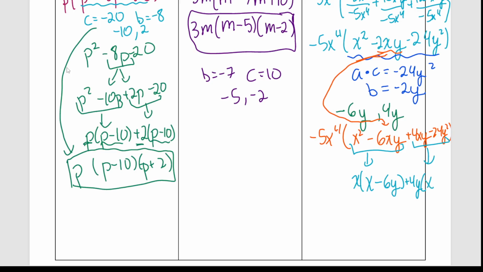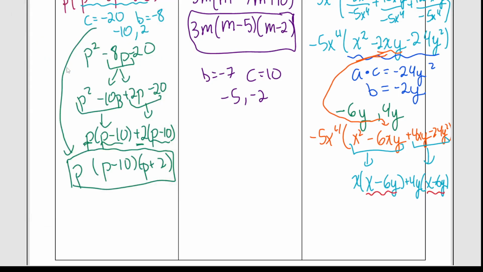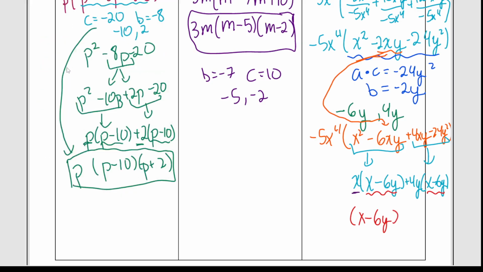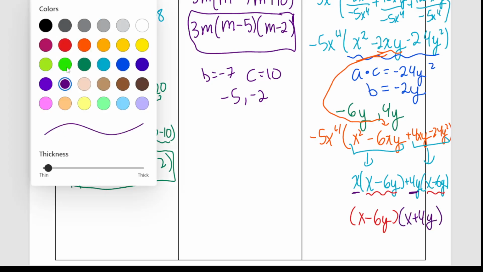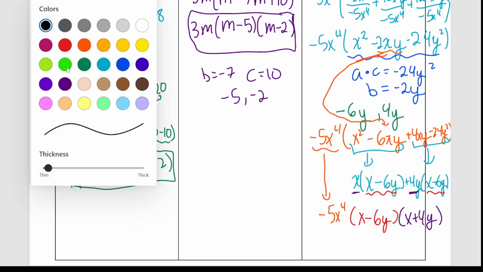Negative 24y squared divided by 4y leaves us with negative 6y. And now, indeed, we have one parenthesis that's the same, so that's x minus 6y. We will talk about the numbers in front of the parentheses, which are different, which is x plus 4y. And then we're also going to drop down our negative 5x to the fourth, and then we will box this in.